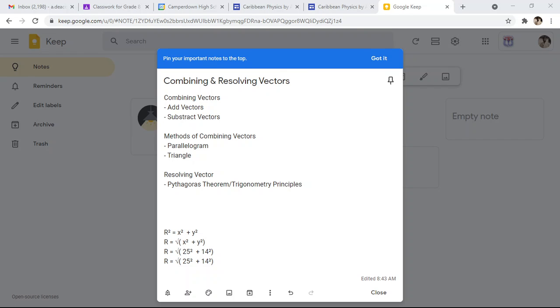So 25 times 25 will give us, let me do the maths over there, 25 times 25 gives us 665.